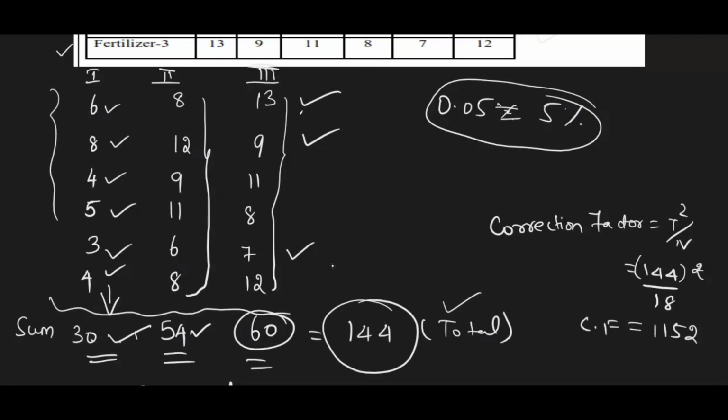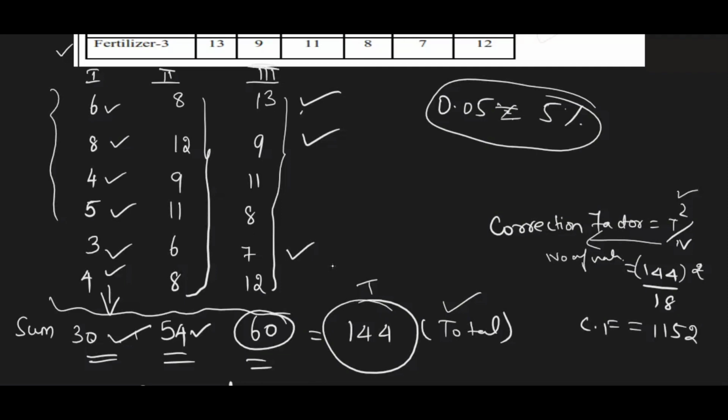This is the total. To find the correction factor, we will write: correction factor is nothing but T square by N. T square is nothing but this total T, so this is 144 the whole square, by N, which is the number of values given. So how many values are given? 1, 2, 3 values, and how many rows? 3, 4, 5, 6.